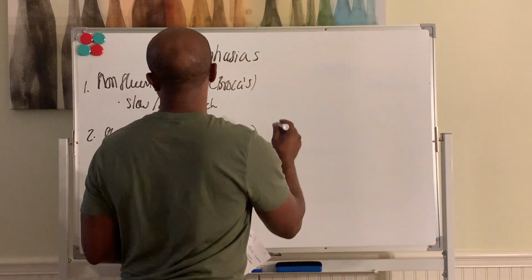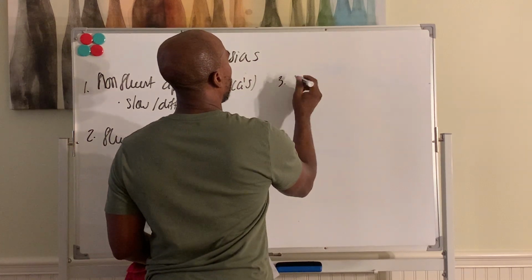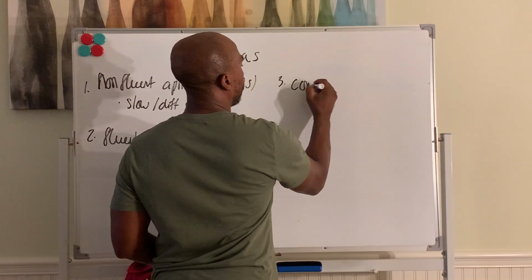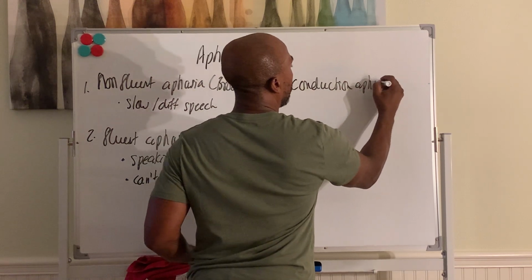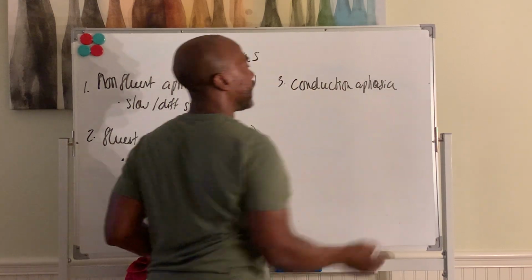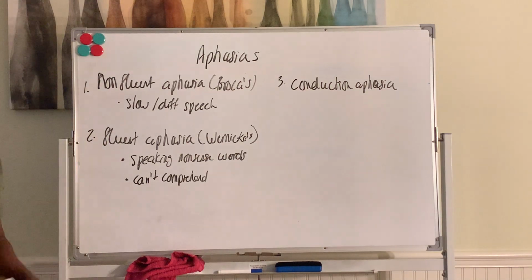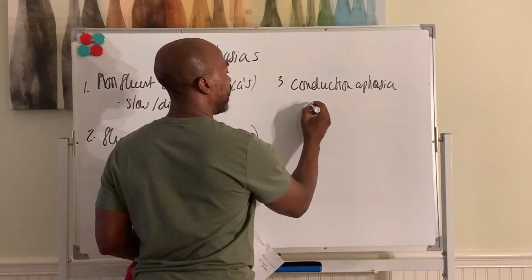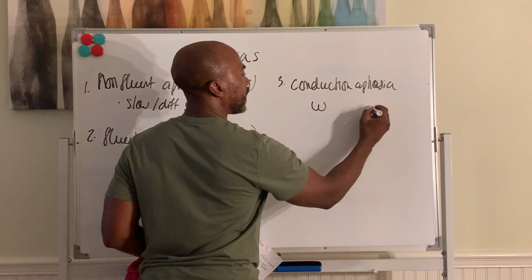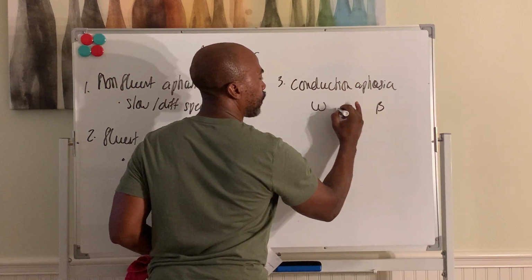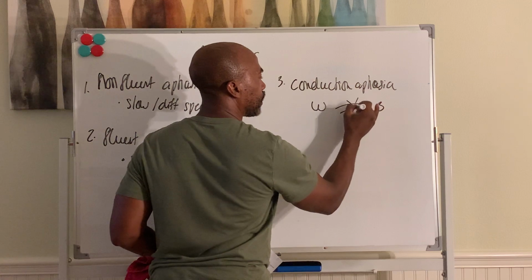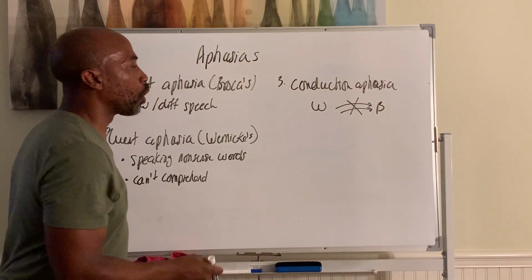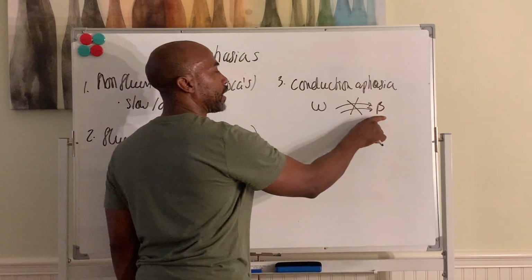Another aphasia is what we call conduction aphasia. So in conduction aphasia, the bridge between Wernicke's and Broca's, remember the arcuate fasciculus? This bridge is damaged. So when that's damaged, the words cannot get over from Wernicke's to Broca's.